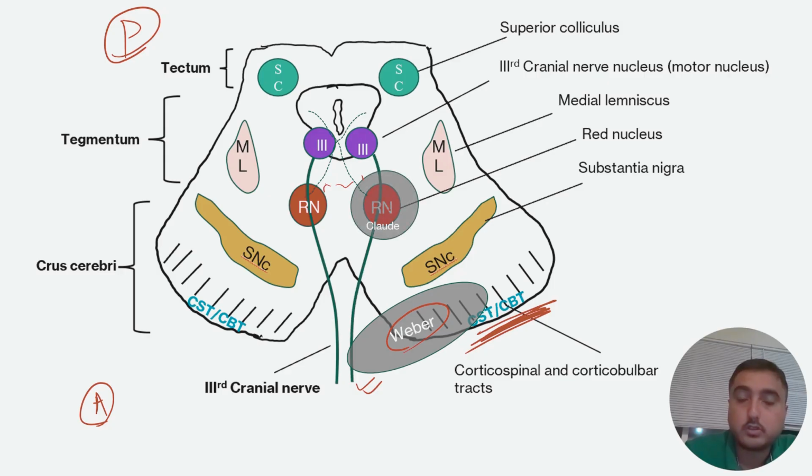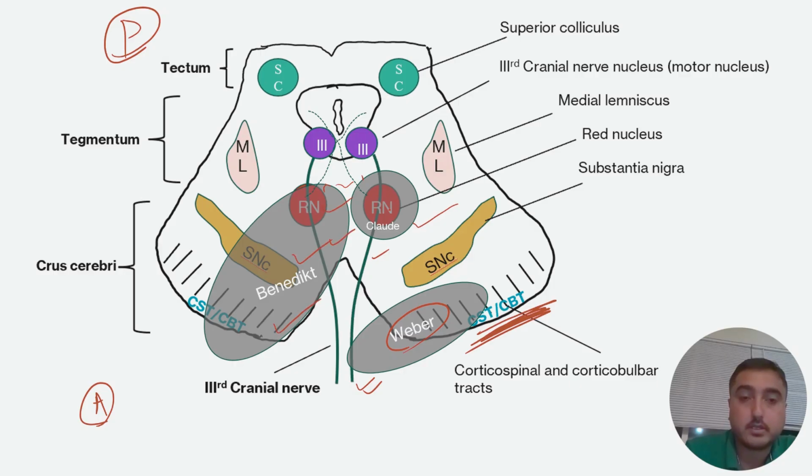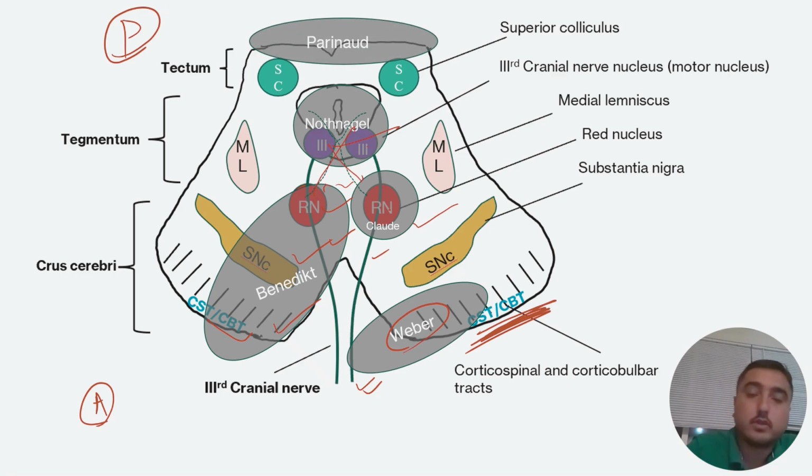The second one would be Claude syndrome, which involves the red nucleus and the third cranial nerve. The third one is the Benedikt syndrome, which involves the red nucleus, third cranial nerve, substantia nigra, and anteriorly it also involves the corticospinal and the corticobulbar tracts. The fourth one is the Nothnagel syndrome, which involves the third cranial nerve nuclei and the fibers that are crossing towards the red nucleus. And the fifth one is the Parinaud syndrome, which is basically a lesion at the posterior side of the midbrain, compressing the midbrain from the back.